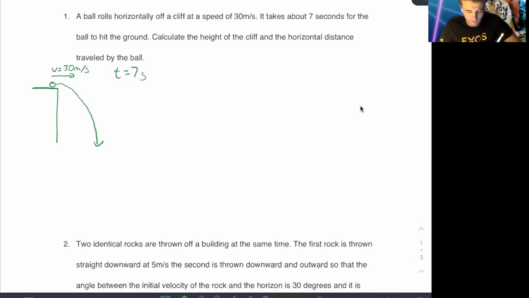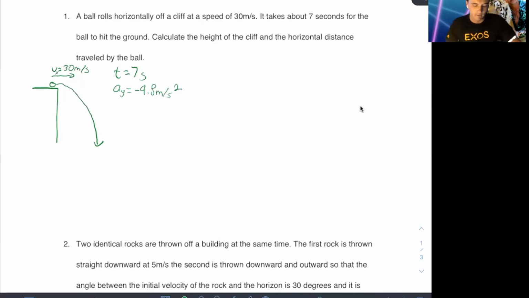What else is given? Well, always given is acceleration, but acceleration in the y direction in this case. So we're starting to break it down into x and y components. We're only given velocity in the x direction. The acceleration in the y direction is gravity, negative 9.8 meters per second squared.